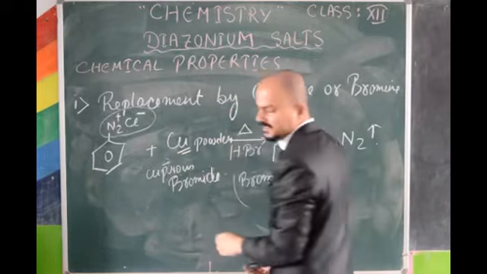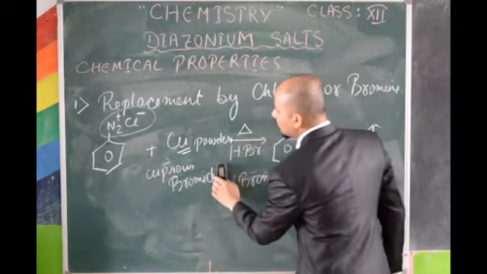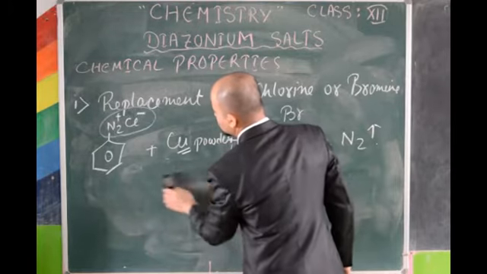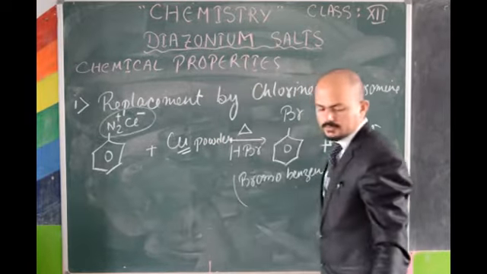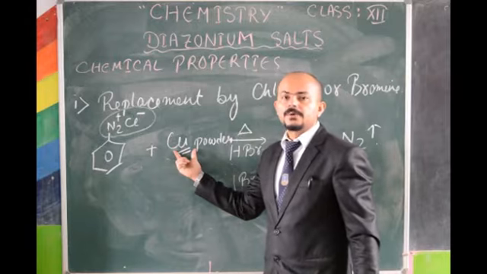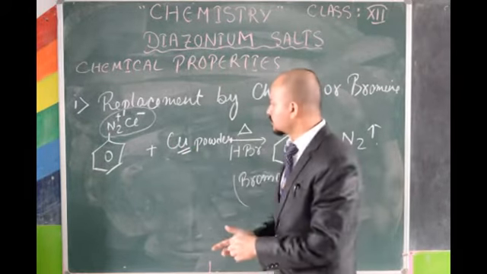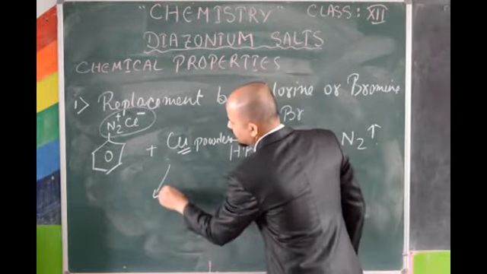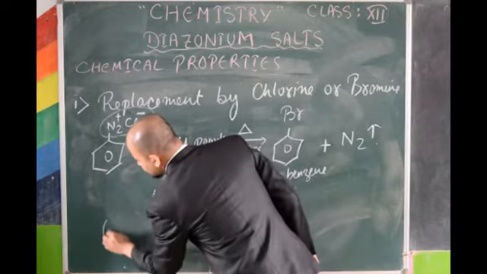Only a slight difference is there. Instead of cuprous bromide or chloride, here we are going to use copper powder. So if you just use copper powder, then this is known as Gattermann reaction.